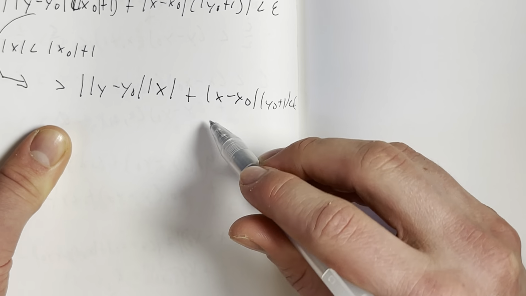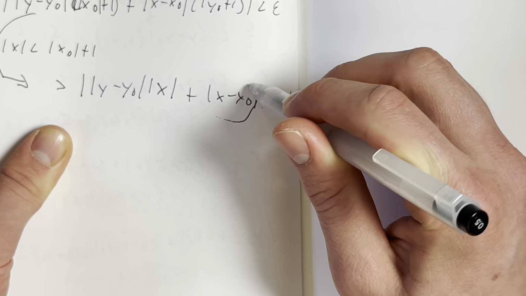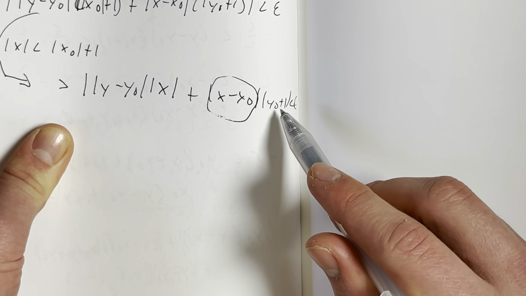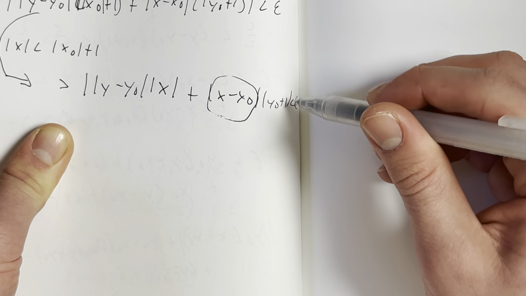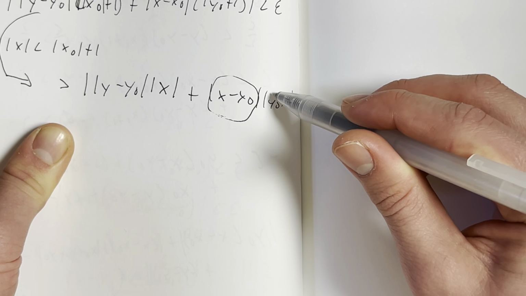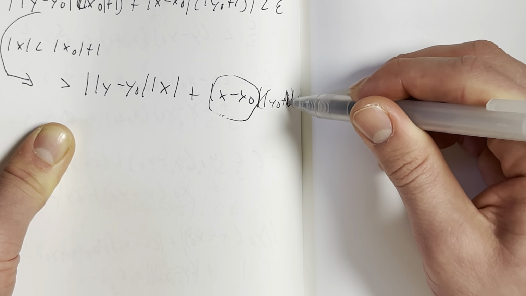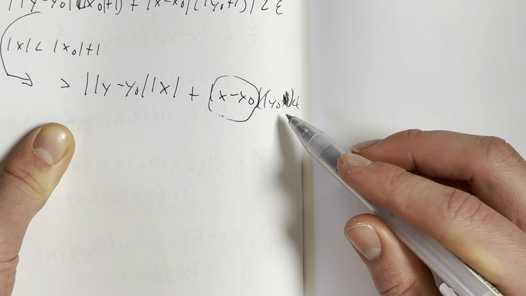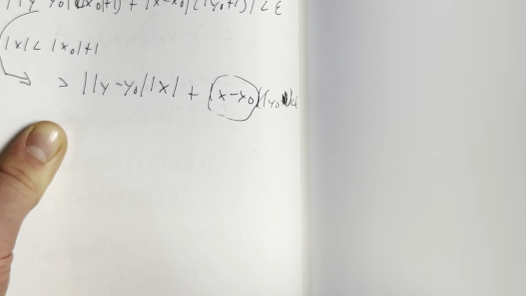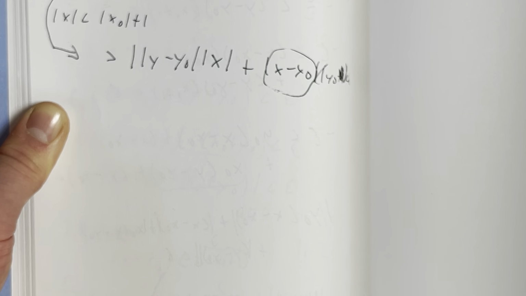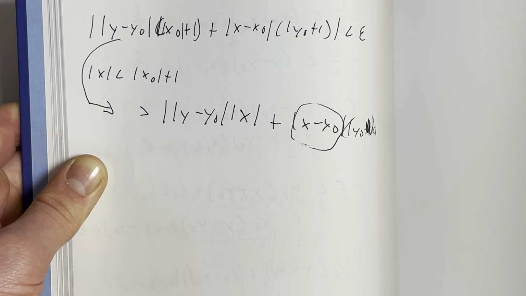And obviously because this absolute value of x minus x0 is positive, and here we have times y0 plus 1, if we take this 1 away, then this obviously is also smaller, because that also makes it less.